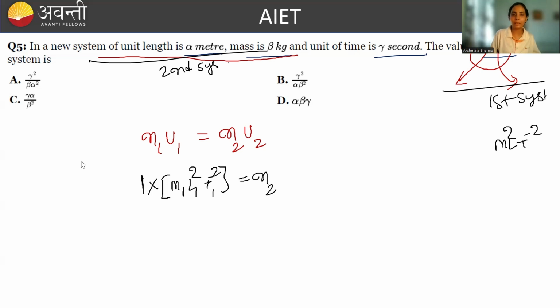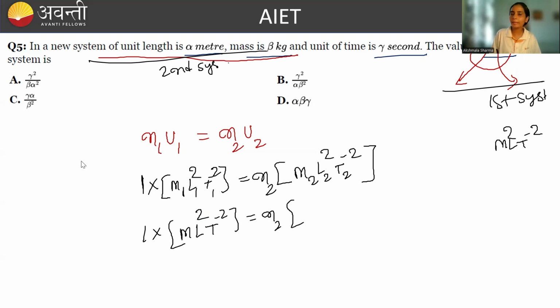We have to find this value in this question. So N2 and U2 you can write as M2 L2 square T2 minus 2. Simple, I have written it like this. Now let's convert, okay? So 1 into, since this is joule, here M1 can be written as M, that is mass, length and time. Okay?